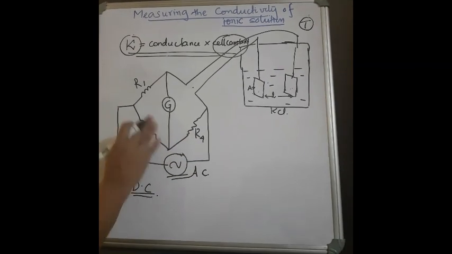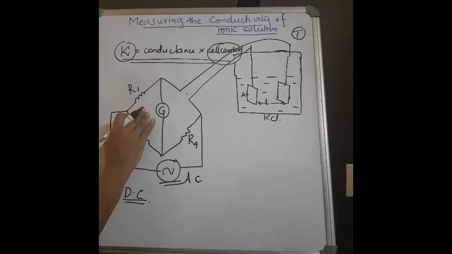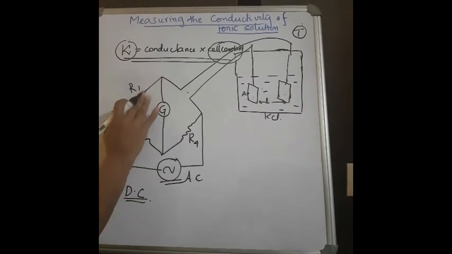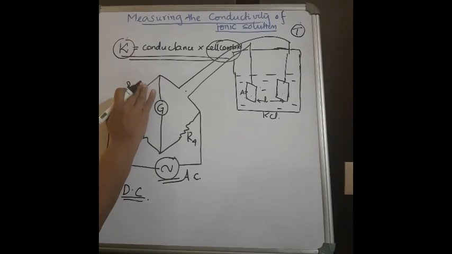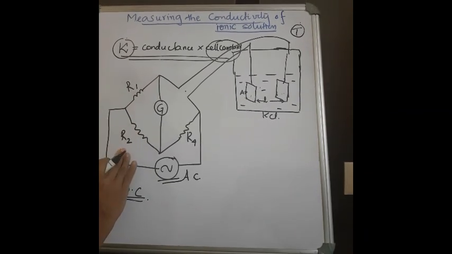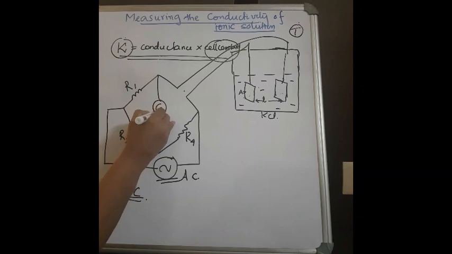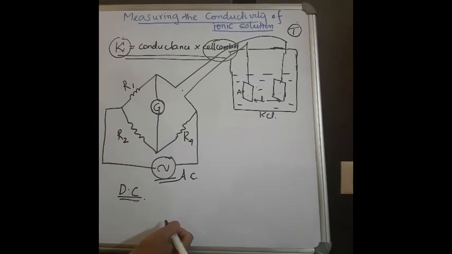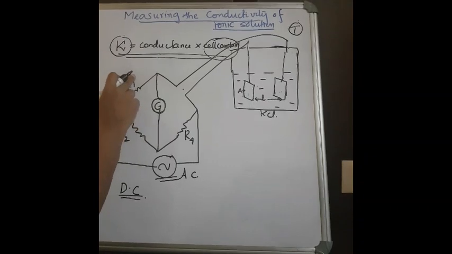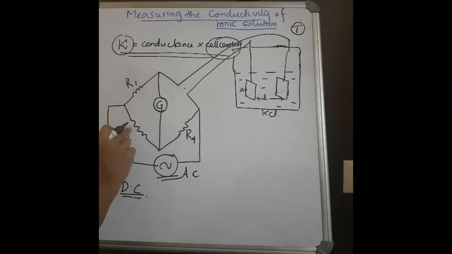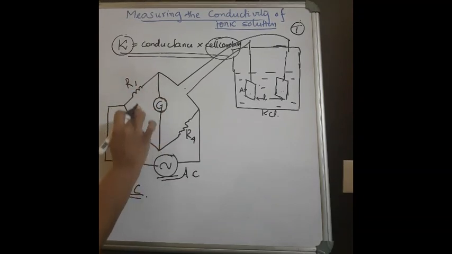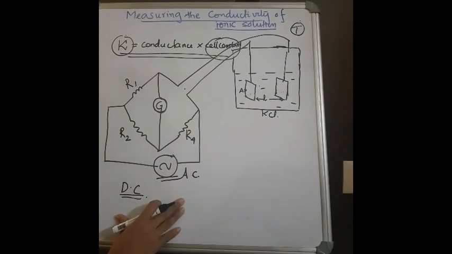Now what you have to do is adjust R1 and R2 in such a way that this galvanometer shows zero deflection. Got it? You have to adjust the resistances R1 and R2 in such a way that there is no current flowing through the galvanometer branch.